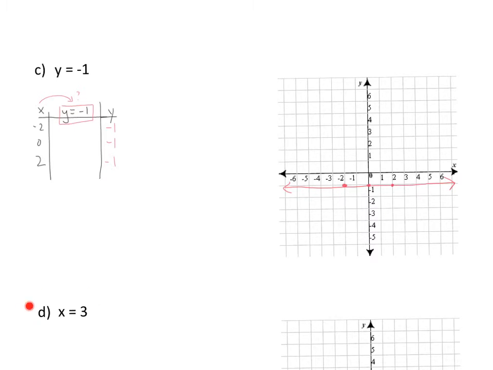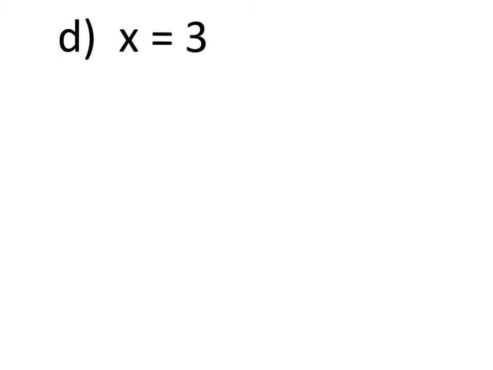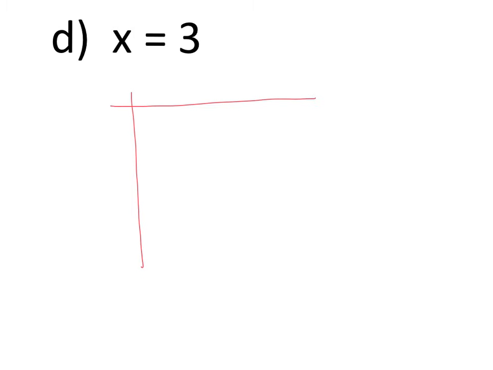Okay, we also have another special case we're going to look at, which is what happens when we have x equals 3. So we're going to make our table still. So I've got x equals 3, and I've got the y column. Now, here's a problem: we have been wanting to put -2, 0, and 2 in here, but what is this guy actually saying?